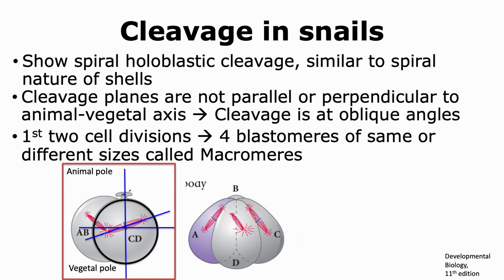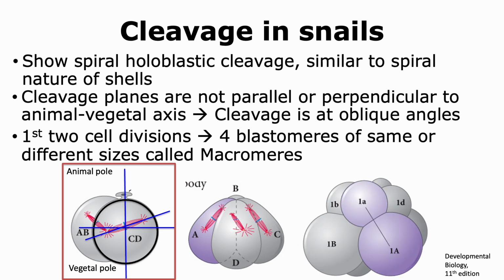So the first two cell divisions result in four blastomeres. Now, depending on the species of snail, these four blastomeres can be the same size or they can be different sizes, but in all cases they are called macromeres.